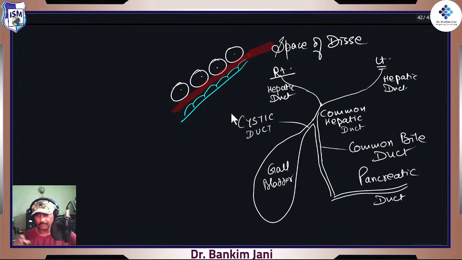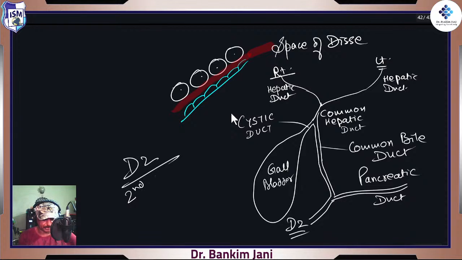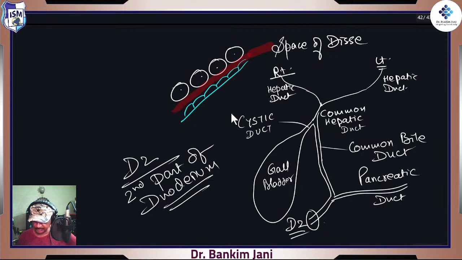Both of them meet and then open into D2, the second part of the duodenum. That portion is called the ampulla of Vater. So that's how the entire journey is.